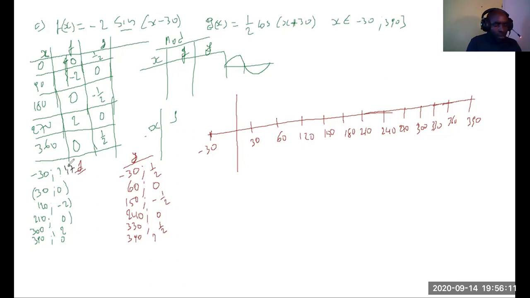With 390. Maybe step, let's make 30 and see.